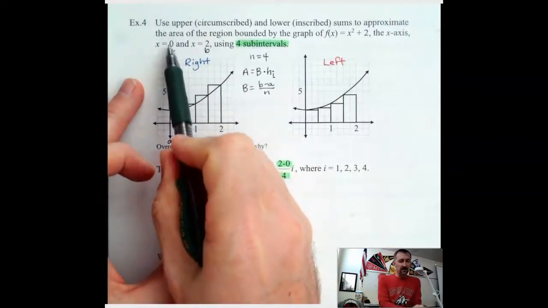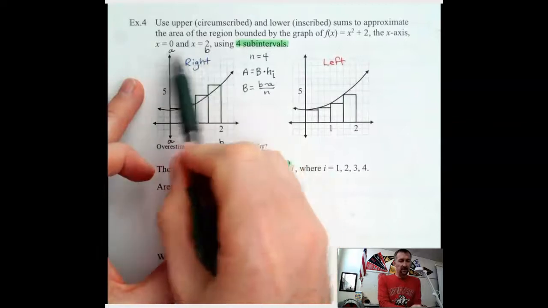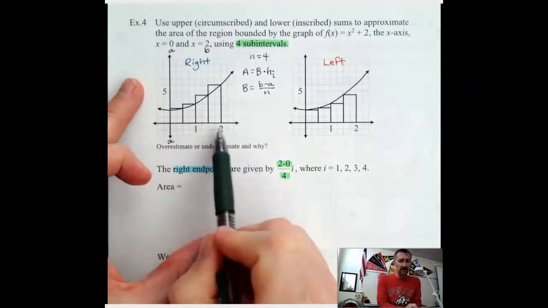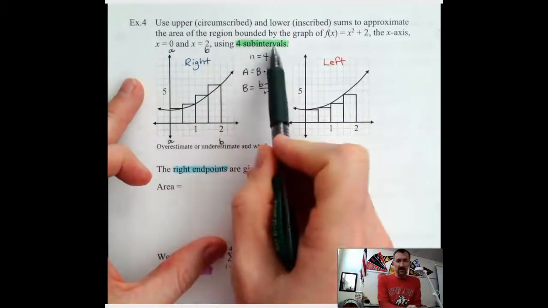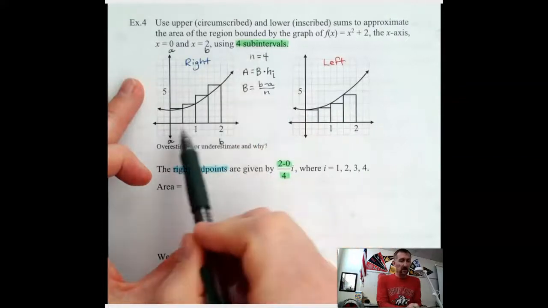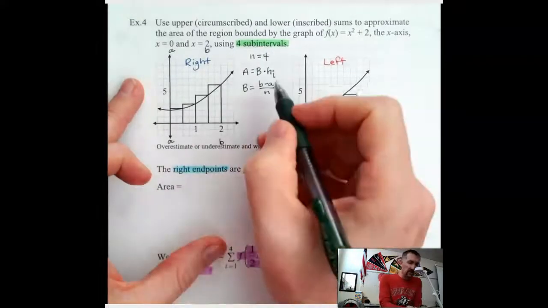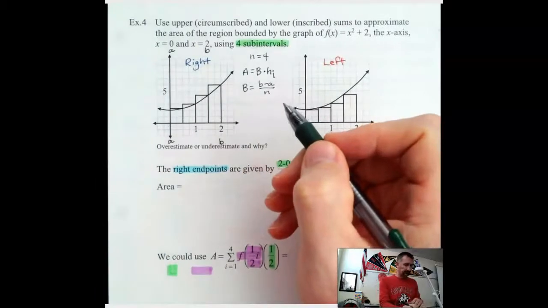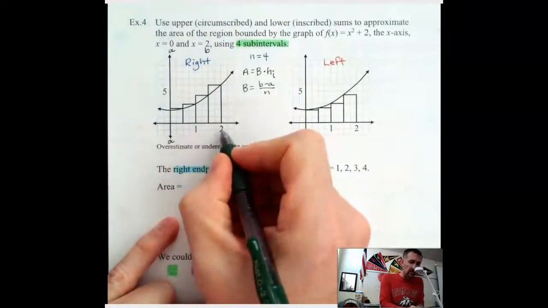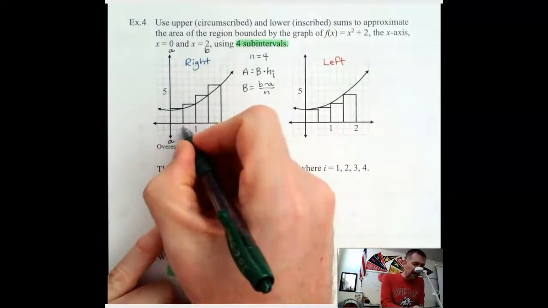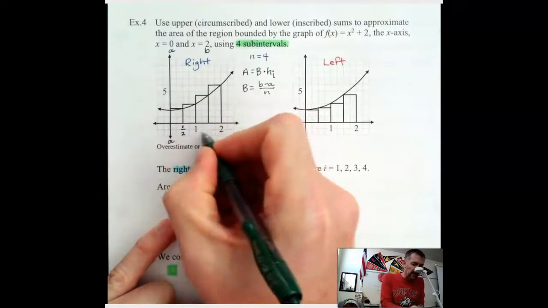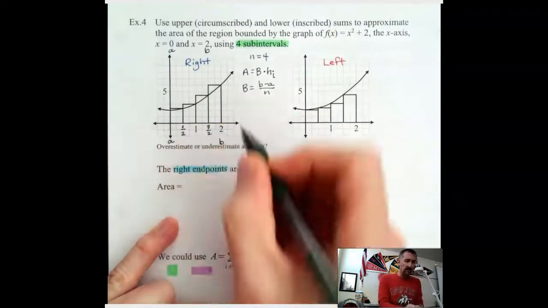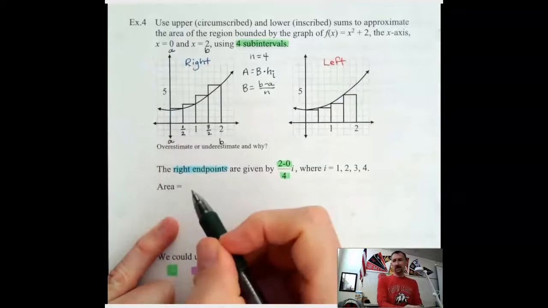So a is the starting number, b is the ending number, so subtracting those gives us the length, and then dividing by how many they told us to use tells us the width of each one. In this problem, 2 minus 0 divided by 4 is a half, so each of our 4 bases is going to be a half.